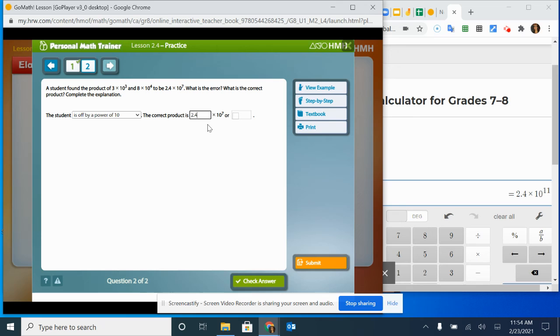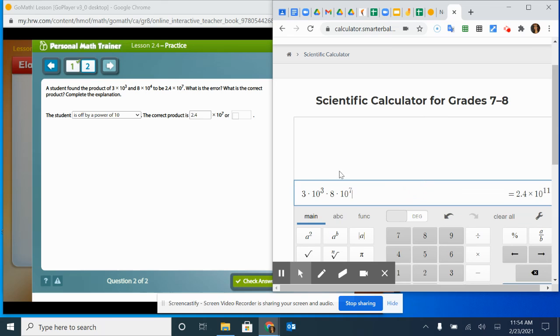The correct product is 2.4 times 10 to the 7th power. Or, a student found the product of 3 times 10 to the third power and 8 times 10 to the fourth power.